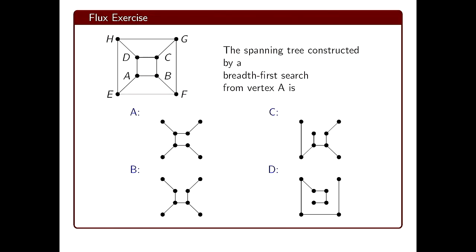So where do we go next? The first place we added to the queue, which was B, right? So at the moment I've got these three edges, and now I'm exploring from B. Well, from B, the new places I can get are C and F, right?